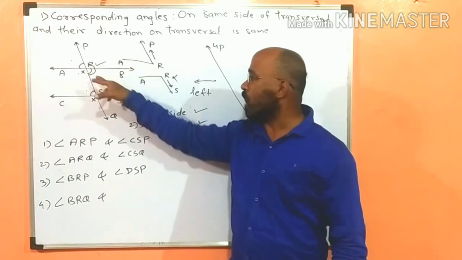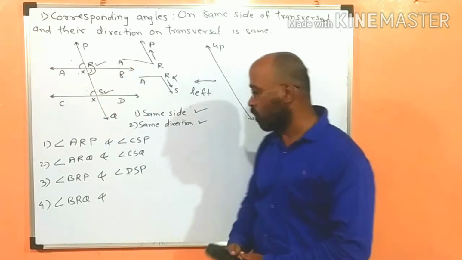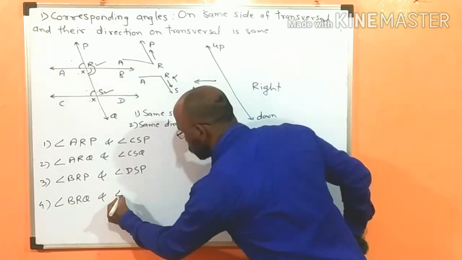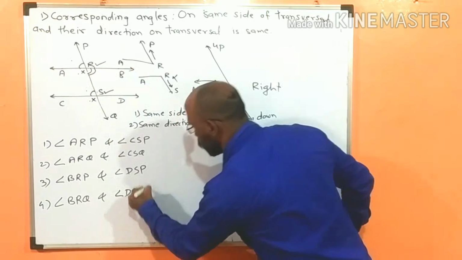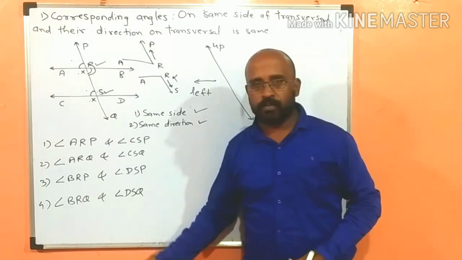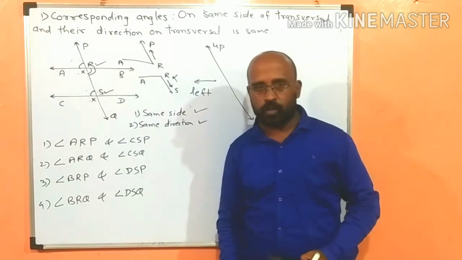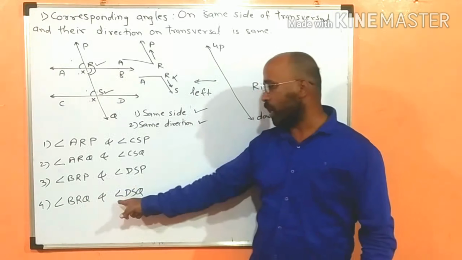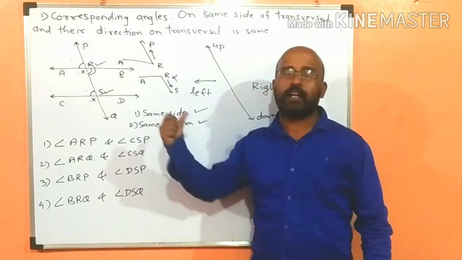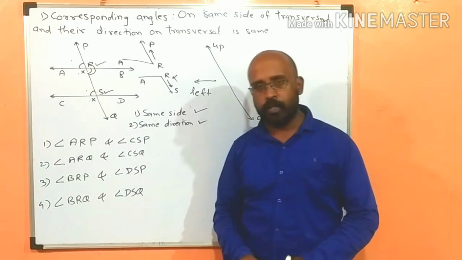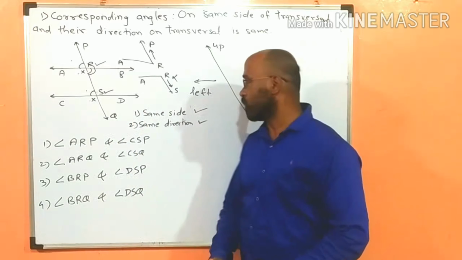So BRQ and DSQ are on the same side, as well as they are having same direction on the transversal. So angle BRQ and angle DSQ, they are corresponding angles of each other. Clear, students?